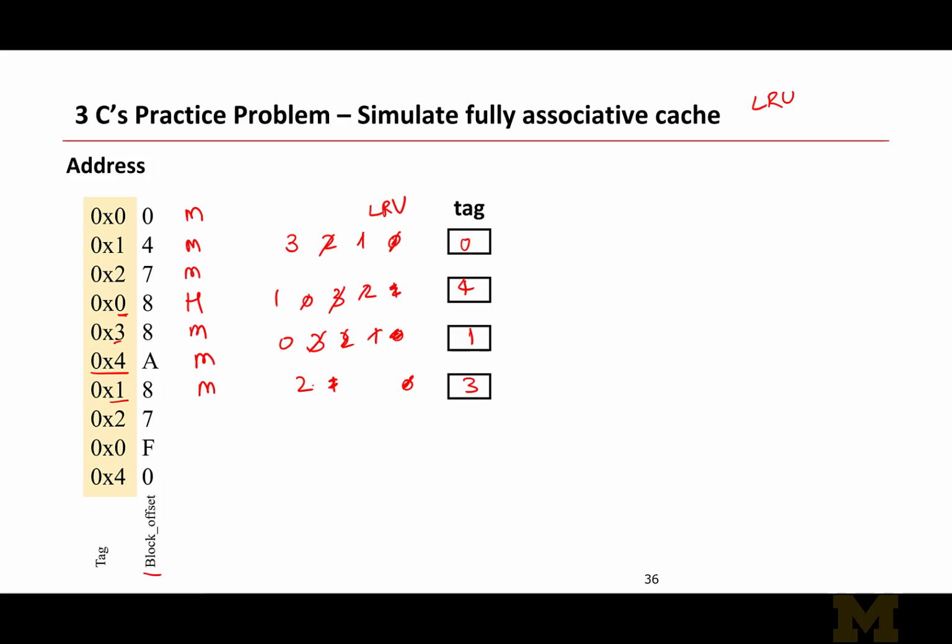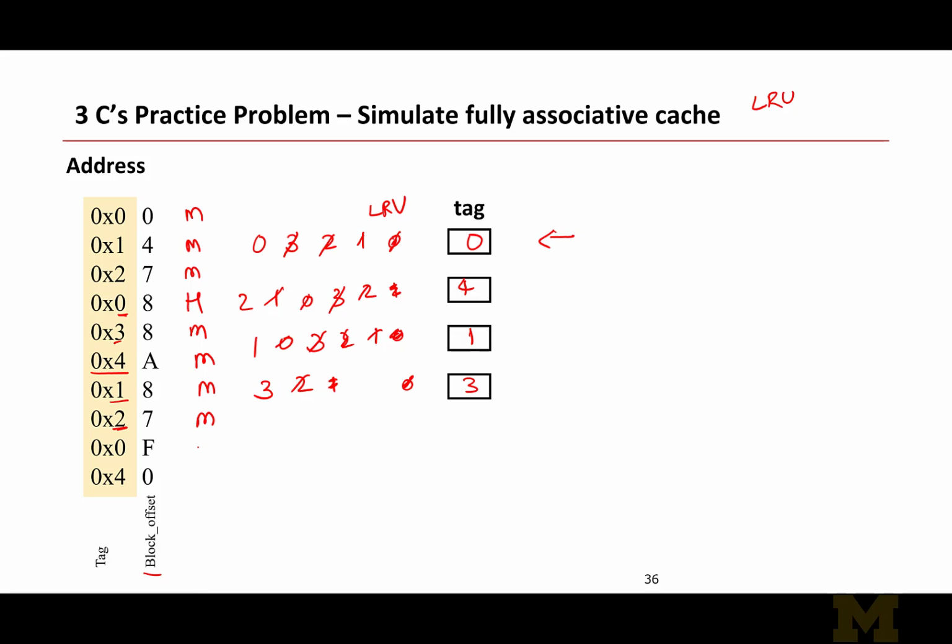Okay, now I have address tag 2. We just kicked it out, so therefore it is again going to be a miss. So I need to find a victim. The victim is going to be the least recently used, which turns out to be this block over here. So I replace this one with tag 0, and the rank is going to be 0, increment everyone else's rank by 1.